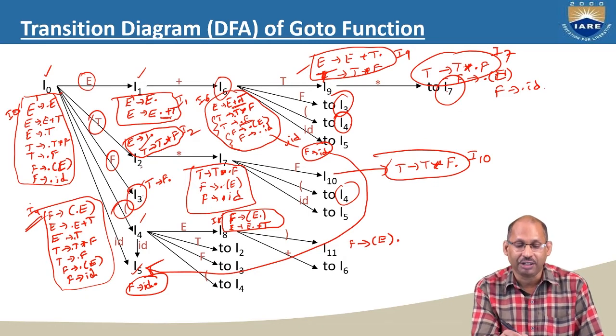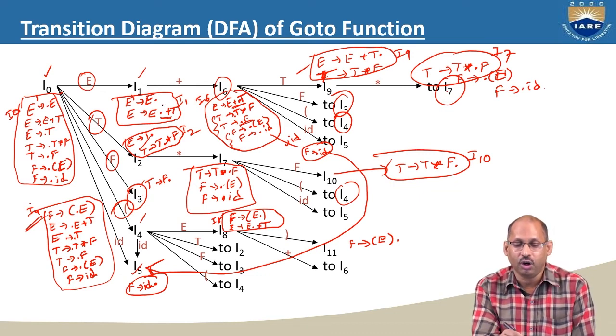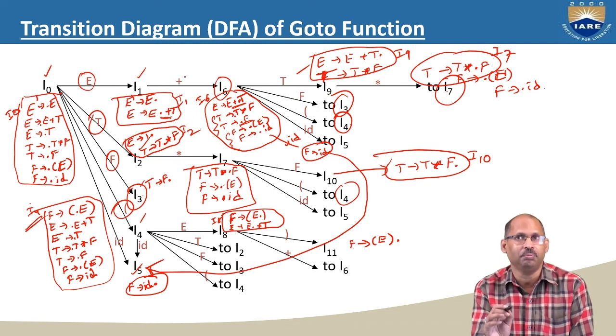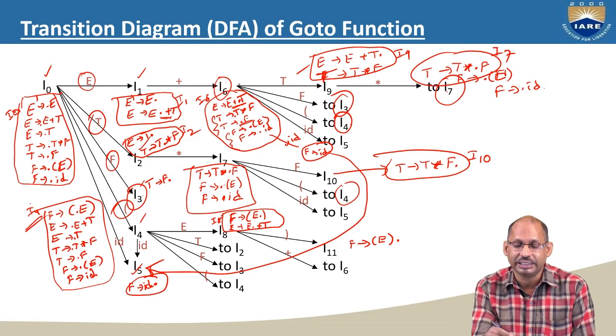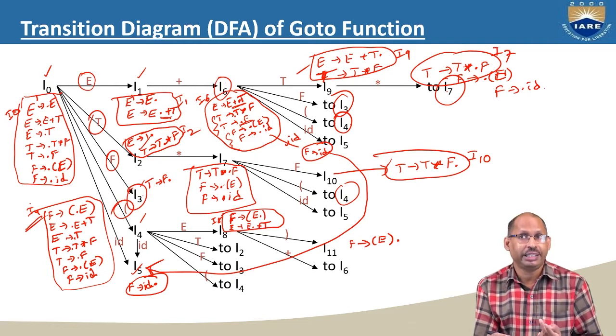It gives I1, I2, I3, I4, I5. Then we are considering I1. In I1 the dot is followed by plus, so the Goto on plus is I6. Here, what are the symbols after the dot? T, F, the left parenthesis and ID.